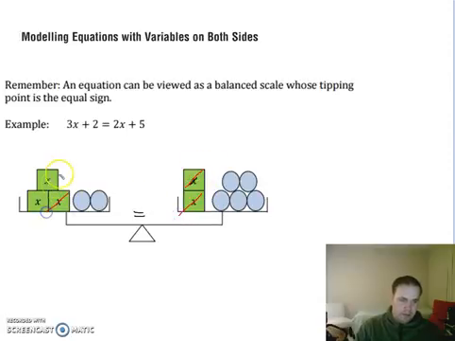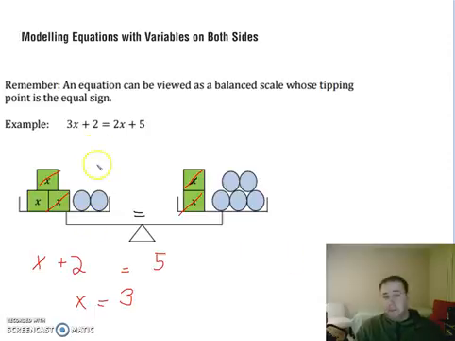You could remove those 2 blocks there. So we have 1x, or x, plus 2 equals 5. So something plus 2 equals 5. Okay, so I can see that, well, x obviously has to equal 3. Therefore, you've just modeled an equation with variables on both sides. So voila here, and on the right side, and then you can solve that.